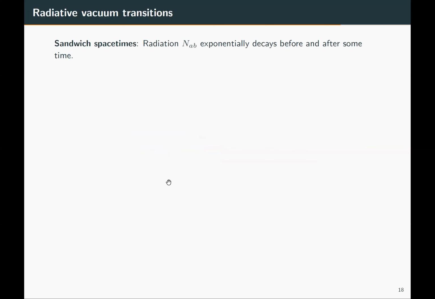Okay, now finally, let me compute these charges in non-radiative spacetimes. The picture that I want you to have in mind is a sandwich spacetime, something like this. Initially, before some initial time, the spacetime is non-radiative. Then you have radiation, and after some time, again you go back to a non-radiative configuration.